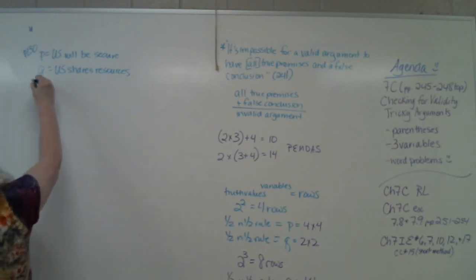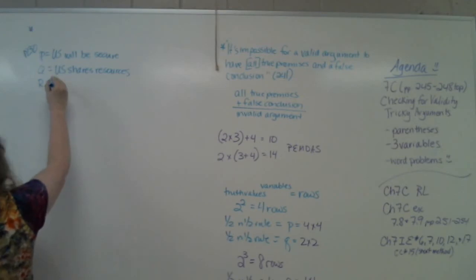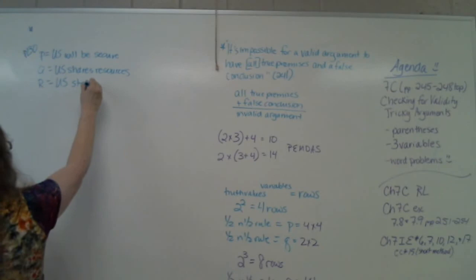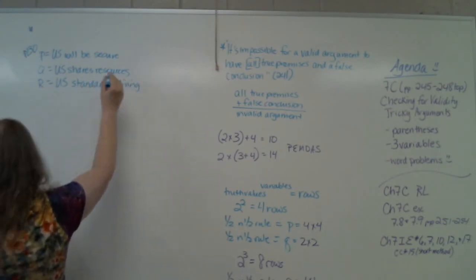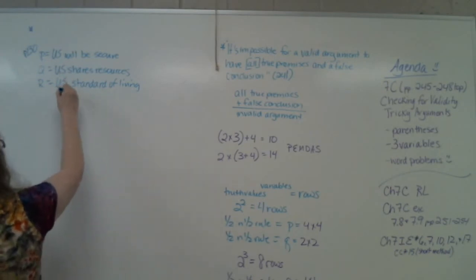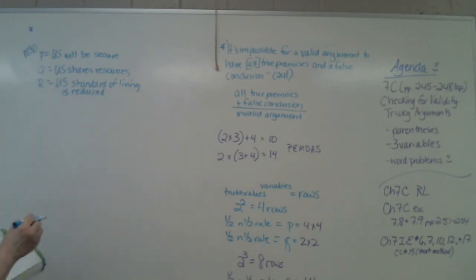Okay, so my R is U.S. standard of living is reduced. Okay, so those are my variables. Okay, when I go back and I mark these up.